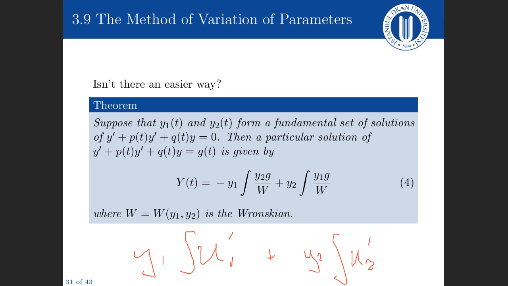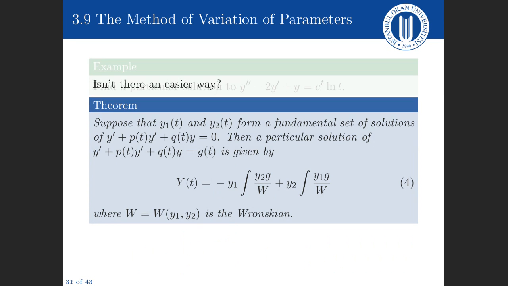And that's basically what we have here. y1 g divided by w is going to be the same as u2 prime, minus y2 g over w is the same as u1 prime. Using this formula will be exactly the same as the previous method. We're still going to have to do the two integrals, which may be easy or may be difficult, and then we put them in.